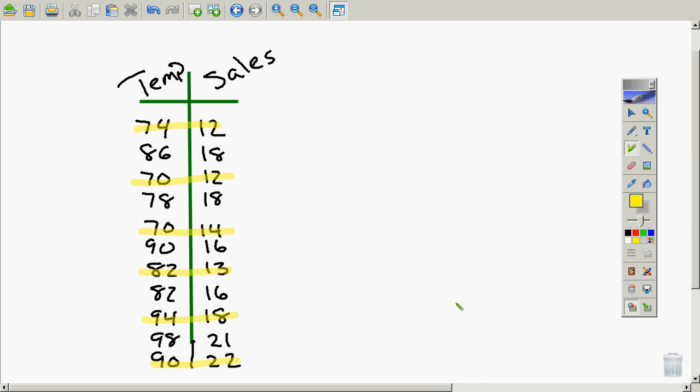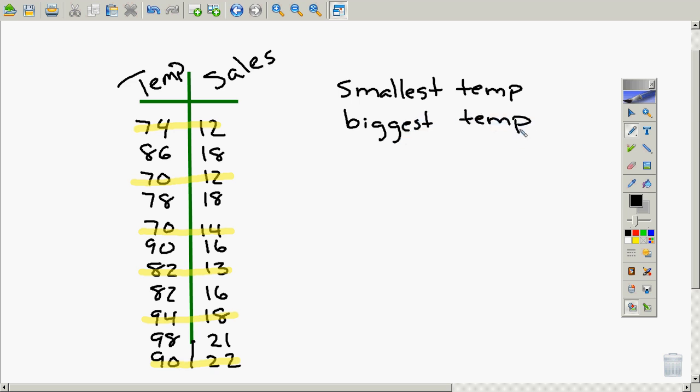Okay? The first thing that we need to do is plot these on a coordinate plane. To plot these on a coordinate plane, you need to decide the scale you're going to use when you plot it. You should look at your smallest temperature and your biggest temperature, and you at least need to go from that one to the other.